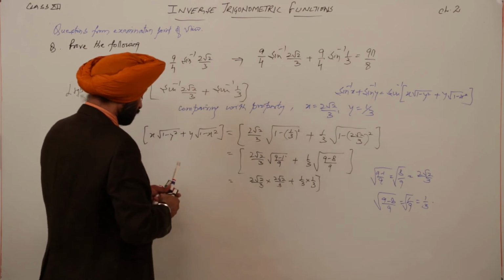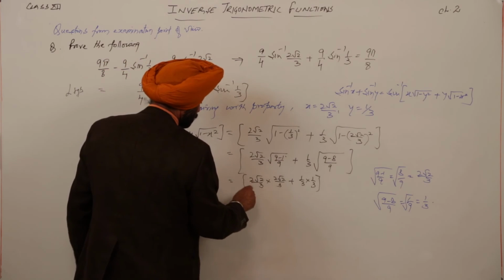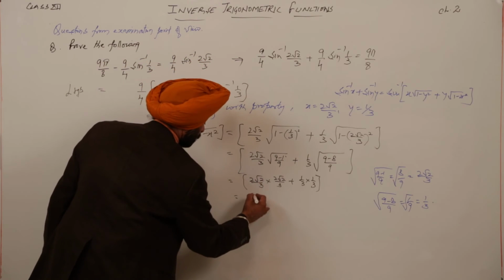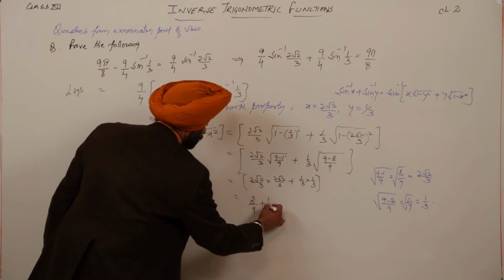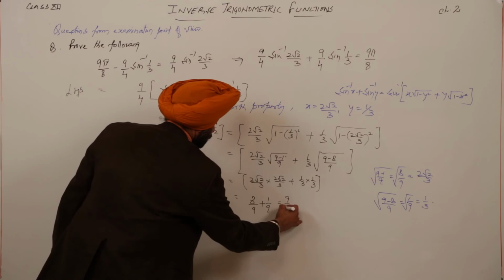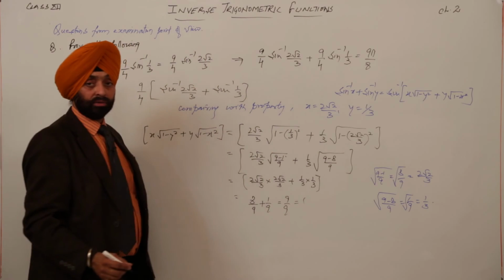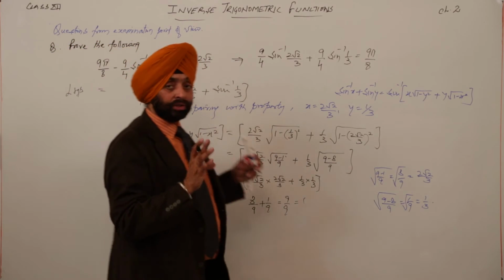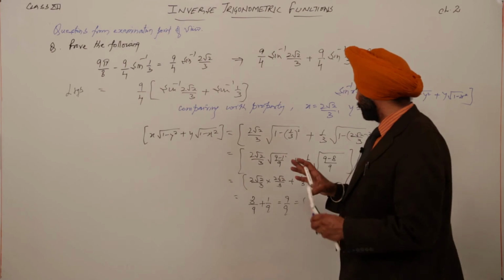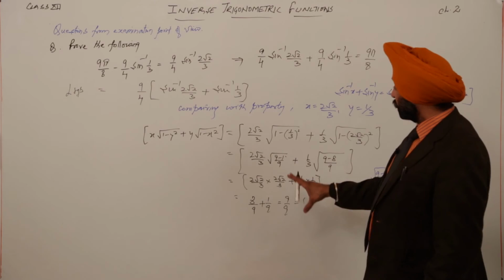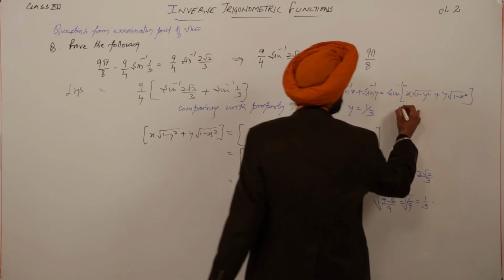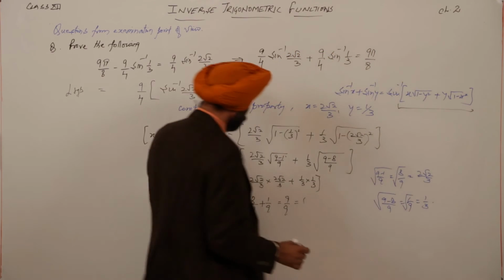So what we get now? When we are multiplying, it is 8 upon 9 plus 1 upon 9. This is equal to 9 upon 9 and this is equal to 1. Okay. So all the calculation part should be very neat and clean, and after doing the calculation, this part we got as 1.